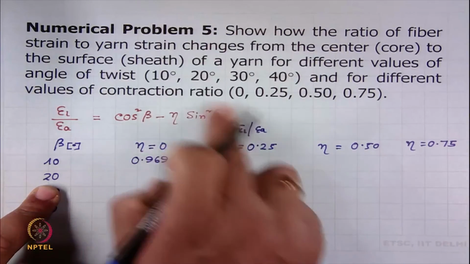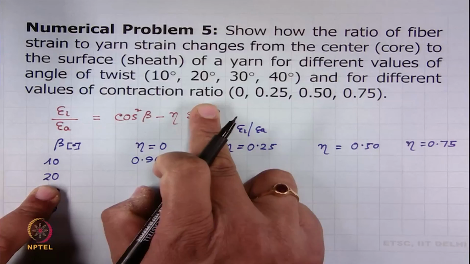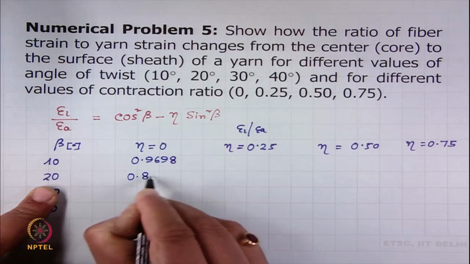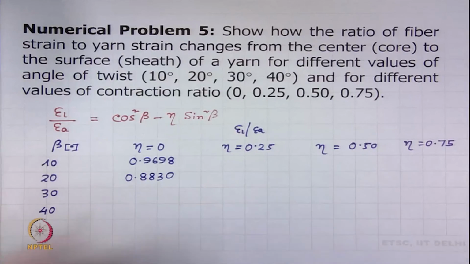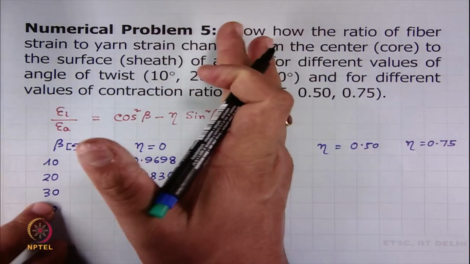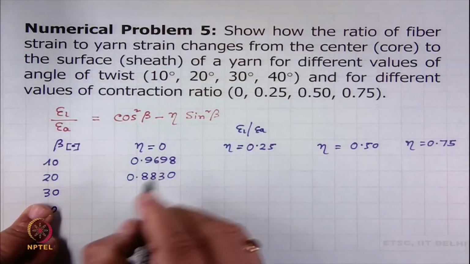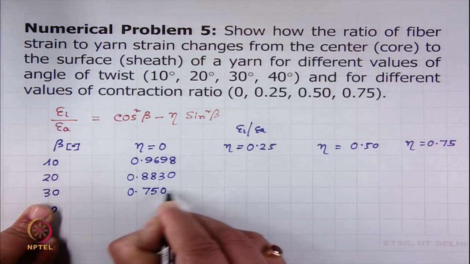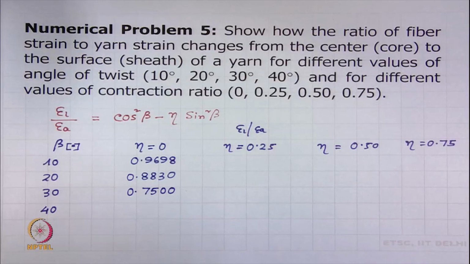So, this component is 0, and you will see the value 0.8830. Now, eta 0, so this component vanishes, and beta 30 degree means 0.7500.